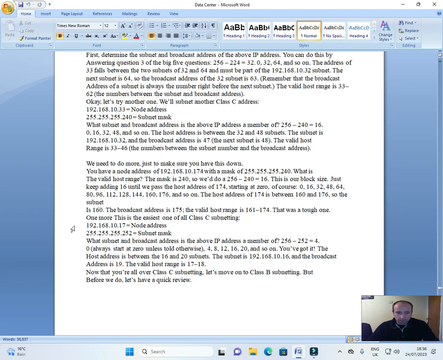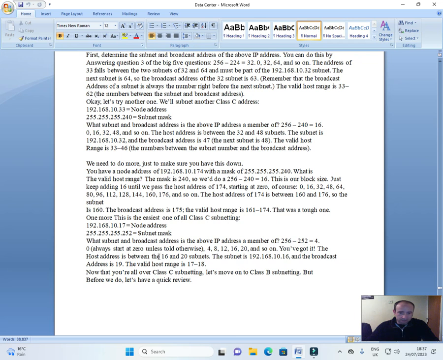That was a tough one. One more, the easiest one of all Class C subnetting. 192.168.10.17 equals node address, 255.255.255.252 equals subnet mask. What subnet and broadcast address is the above IP address a member of? 256 minus 252 equals 4.